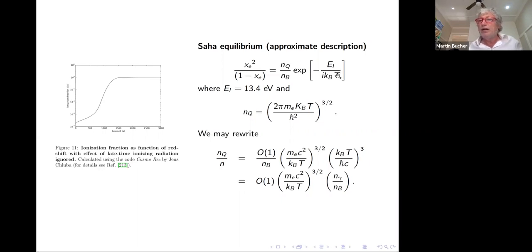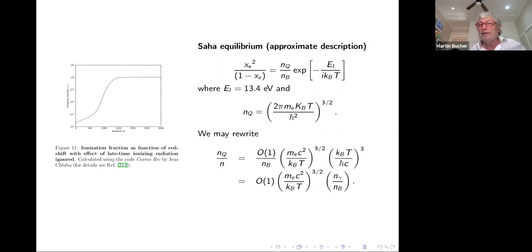There's the exponential Boltzmann factor, and there's also an entropy factor. So if you just looked at this factor, you would think, well, when the temperature is 13.6 electron volts, you get half atomic hydrogen and half ionized.